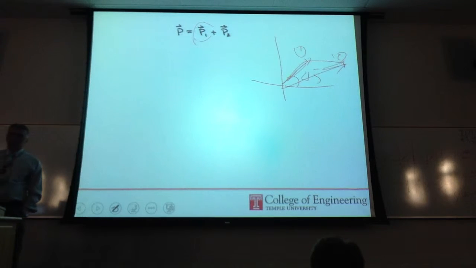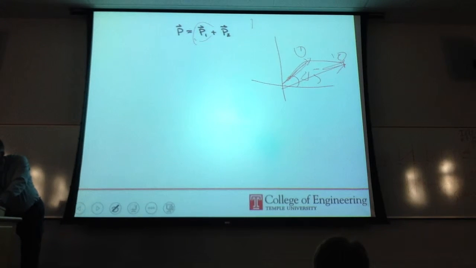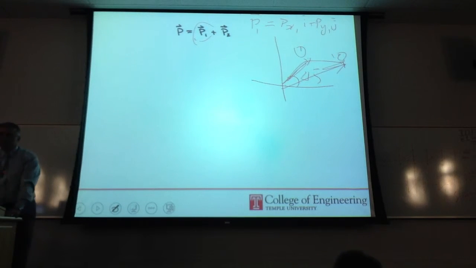200? Is P1 bar equal to 200? No. What is P1 bar equal to? P1 bar is equal to Px1 i plus Py1 j. Do you agree? Right. So we want to find out what is Px1. What is Px1? Yes.